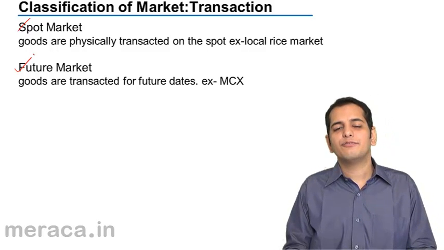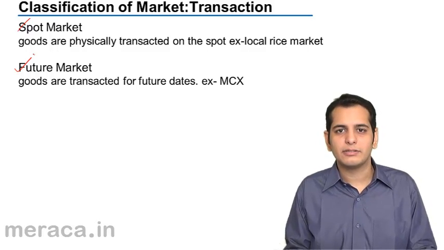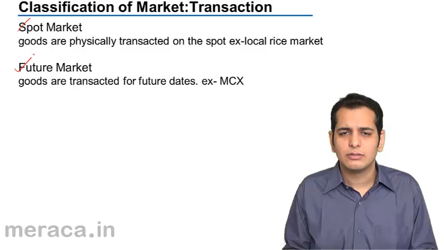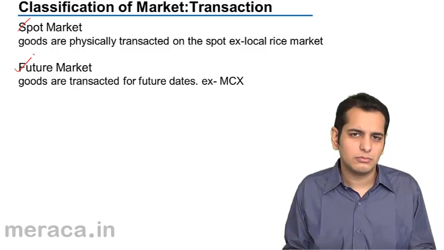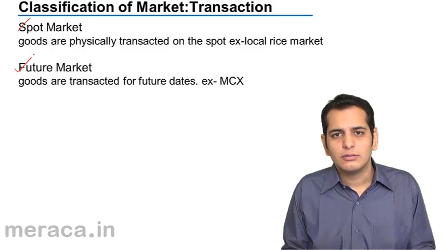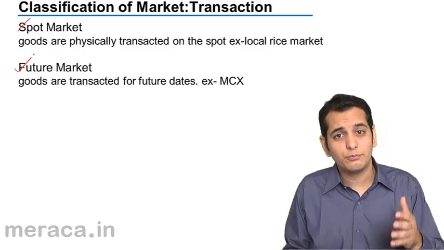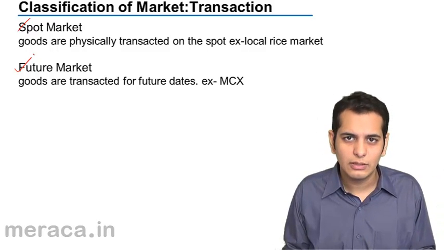Generally, if you see today, stock markets and commodity markets have future markets. You must have heard something going like this. The Reliance futures are trading at 2500. The Reliance spot is trading at 2000.